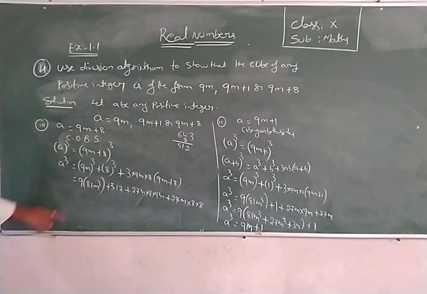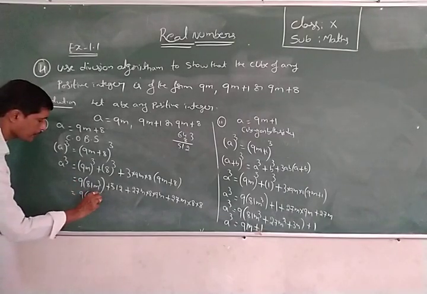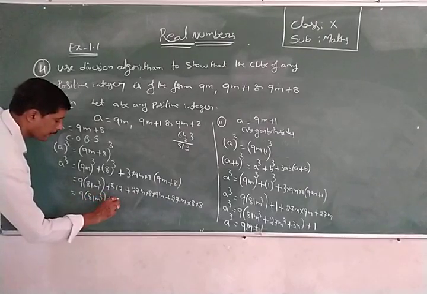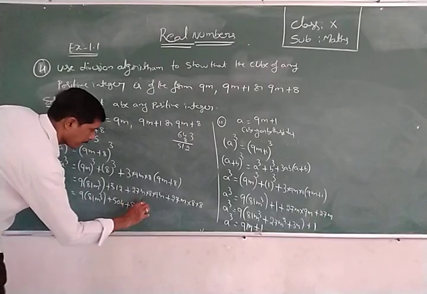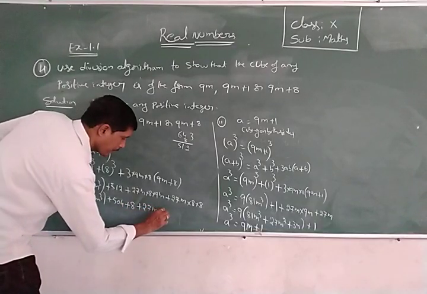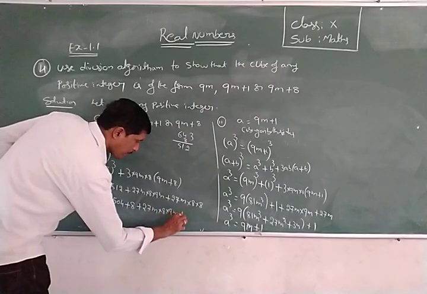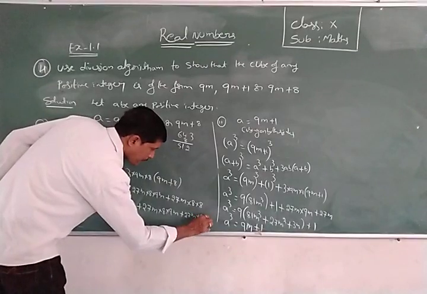Therefore 729m cube can be written as 81m cube, plus 512 plus 8 plus 27m into 8 into 9m plus 27m into 8 into 8.